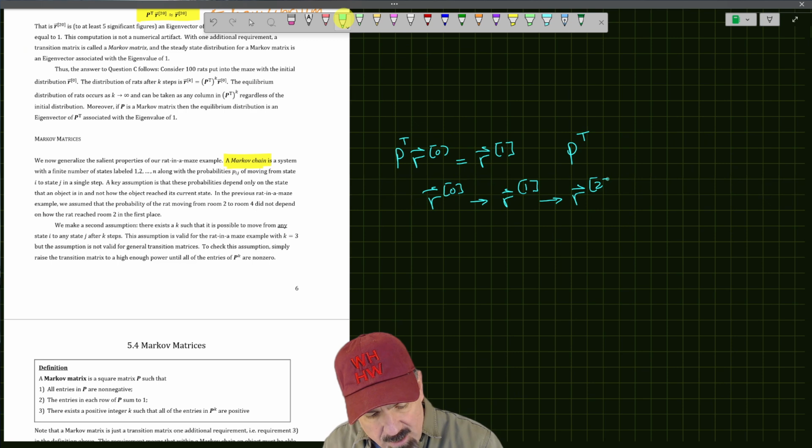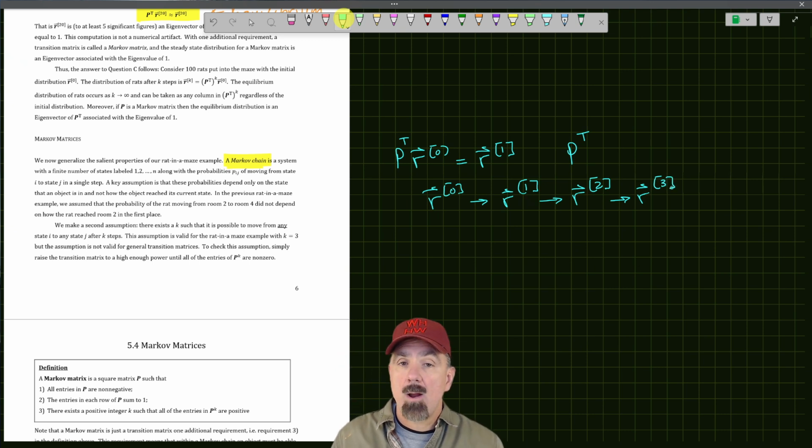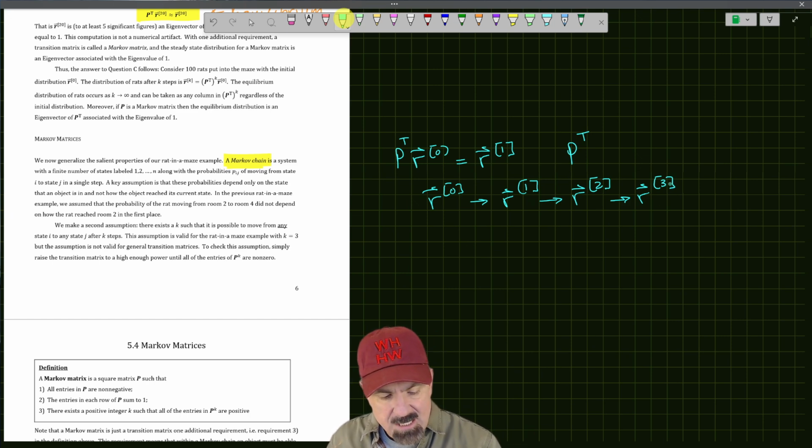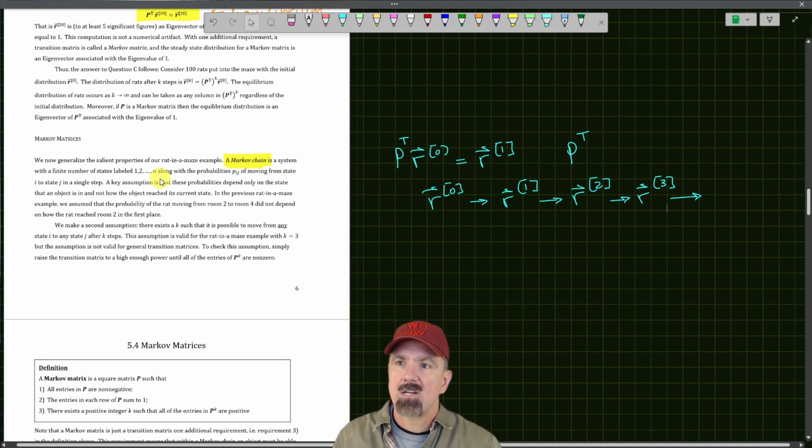So we have our initial distribution and then our second and our third. And again, we can think of it just as probabilities. We have 1 rat moving around, and these are the probabilities. And this is this chain idea of these continual applications of the transition or the Markov matrix.